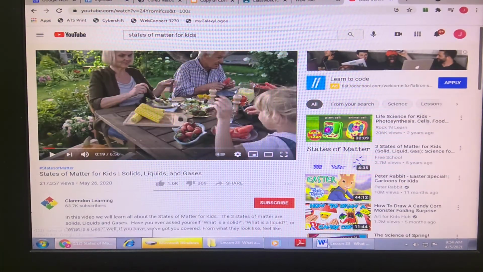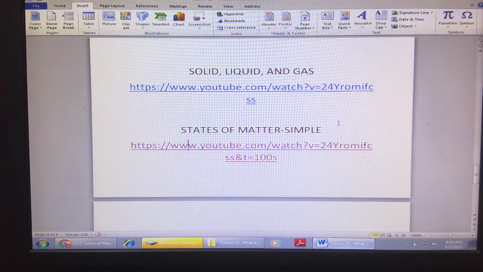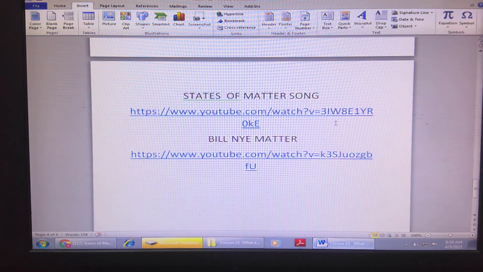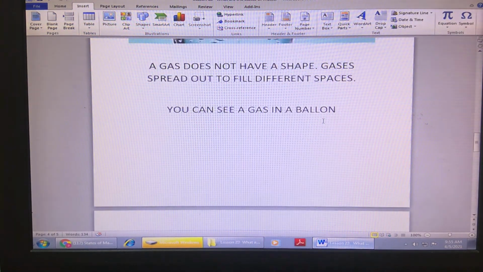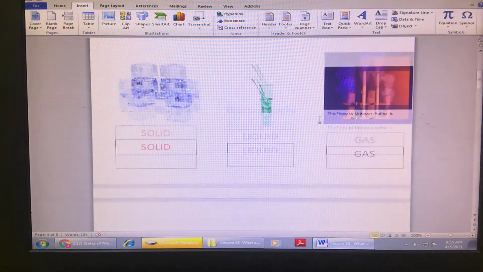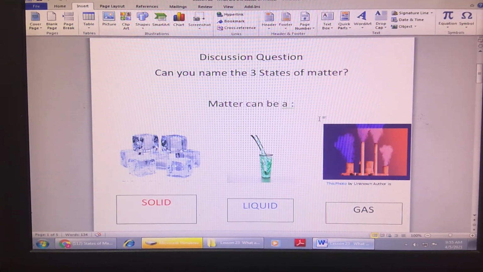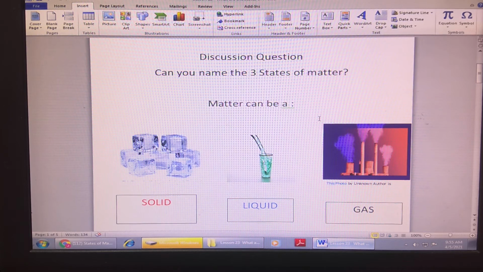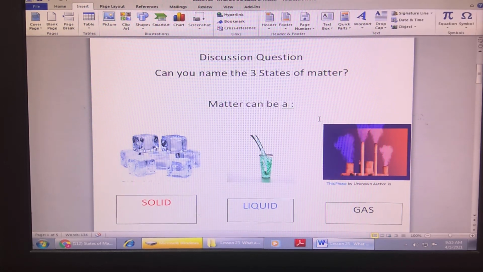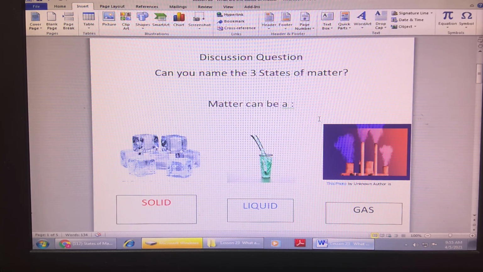Oh, there is a little bit about the different states of matter. Solids, liquids, and gases. I think the most interesting thing to know about the three different states of matter is that water is the only natural substance where all three different states exist.